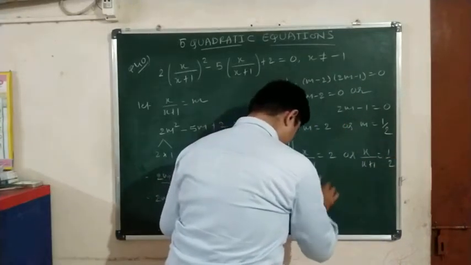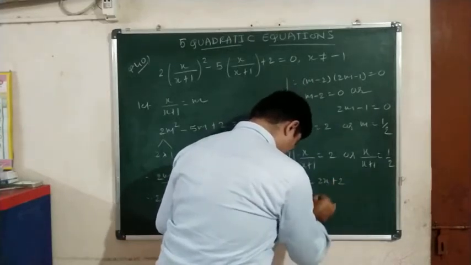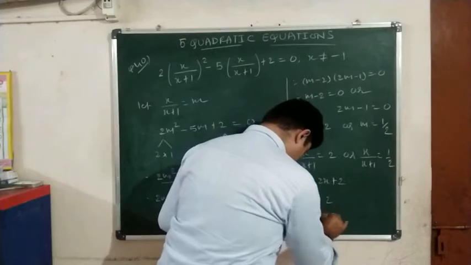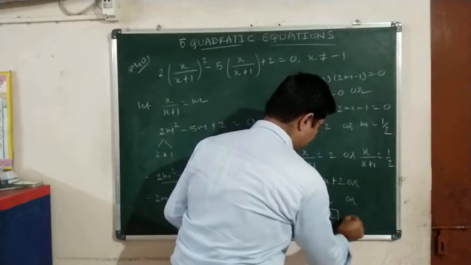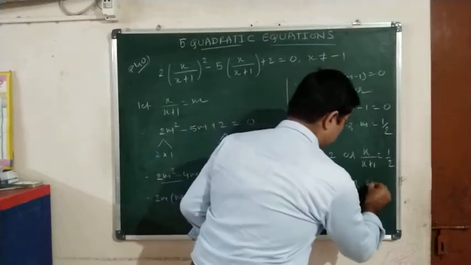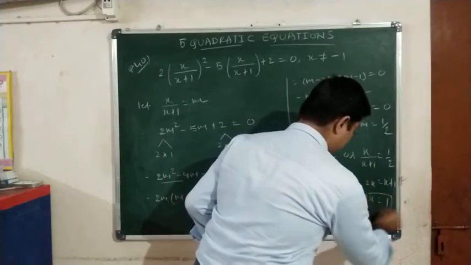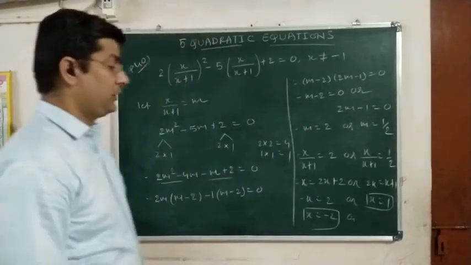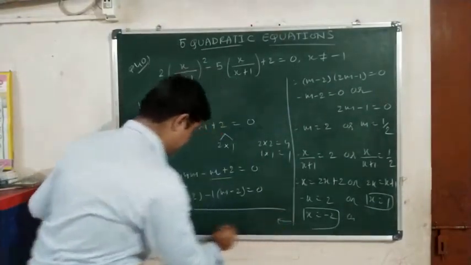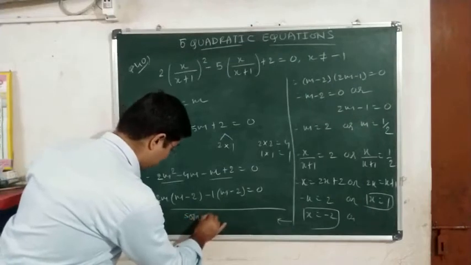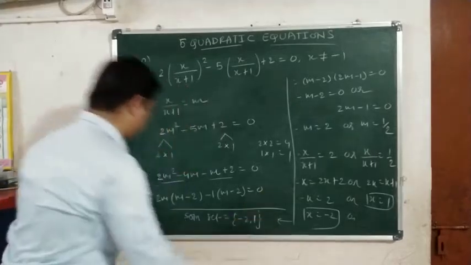Therefore x is equal to 2x plus 2, or minus x is equal to 2, or x is equal to minus 2. Here 2x is equal to x plus 1, or x is equal to 1. So we got the two values of x. One is minus 2 and the other one is 1, and therefore the solution set is minus 2 comma 1.